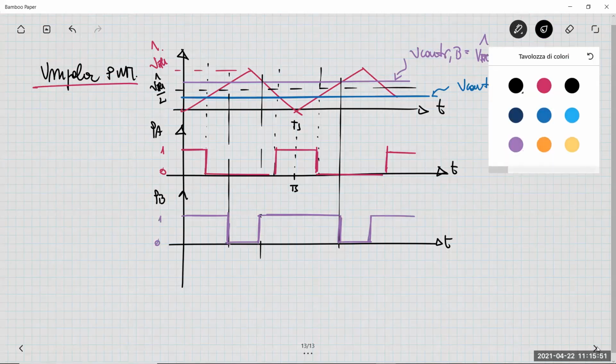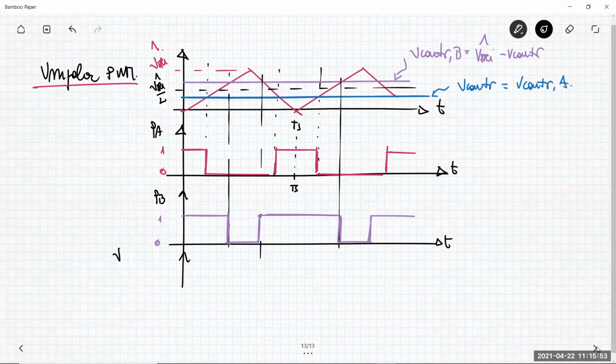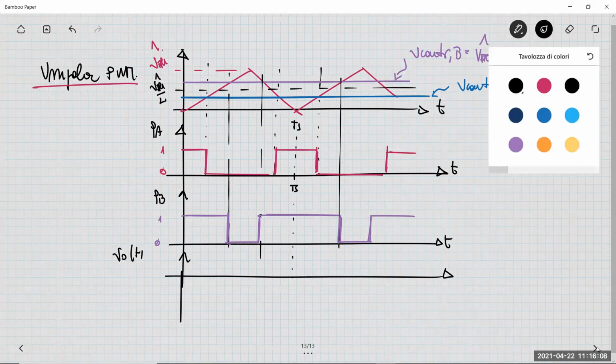Okay. Now V naught is the difference between the two functions multiplied by Vd. So you get here 0.